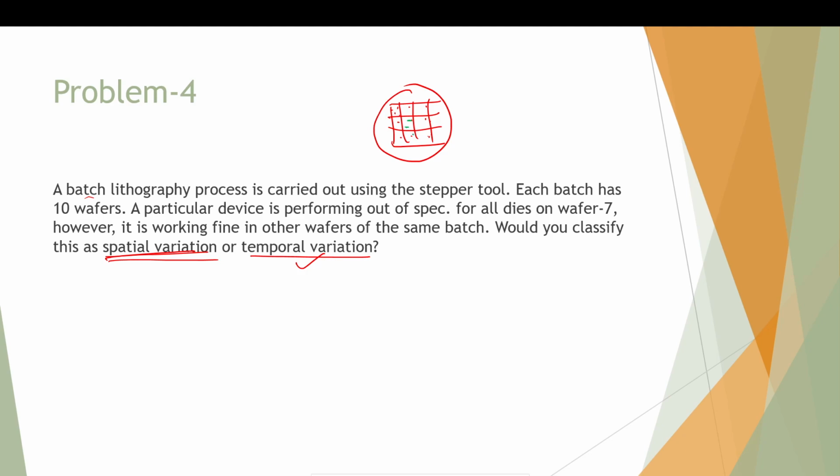Still, you will say it will be spatial variation, right? Then it's not spatial variation. I don't know. Okay, this question we will leave it for now. We will check it later.